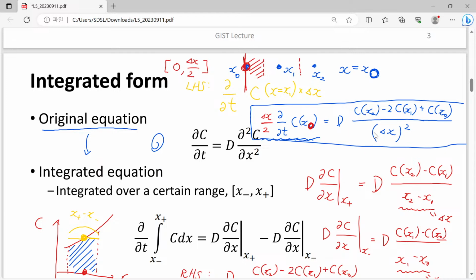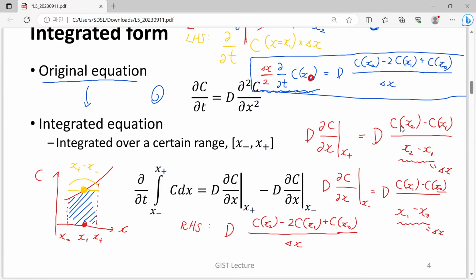And on the right hand side, we have to calculate these two quantities, evaluated at the upper boundary and evaluated at the lower boundary. The upper boundary is still okay because we can take the difference between x1 and x0, and this difference is still delta x.